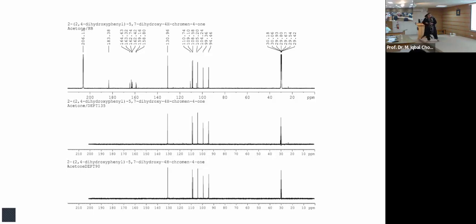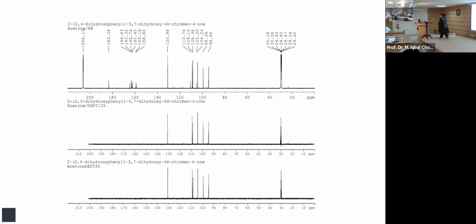The reason behind it is the scale, from 0 to 220. In proton you have a small scale, so the information is there but overlapped. But here the scale is bigger, so all these are separate. But you can have carbons that are magnetically equivalent at exactly the same shift.